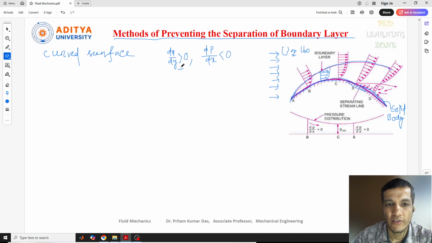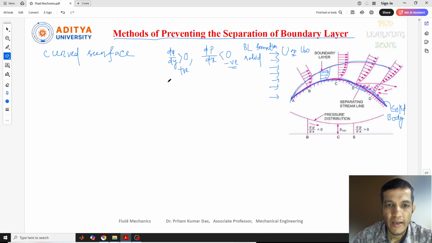That means the velocity gradient was positive and the pressure gradient is negative here. For this condition, the boundary layer formation will be there, and it will continue along the flow over the solid surface.